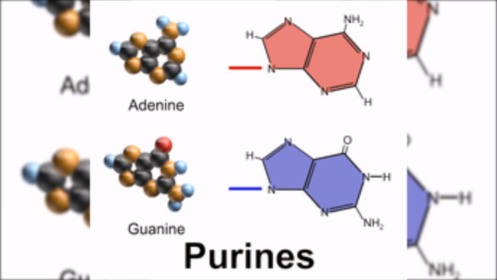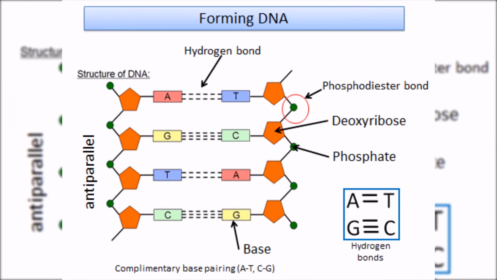The sugars are joined together by phosphate groups that form phosphodiester bonds between the third and fifth carbon atoms of adjacent sugar rings. These asymmetric bonds mean a strand of DNA has a direction.